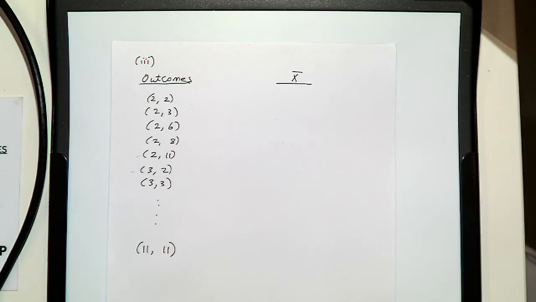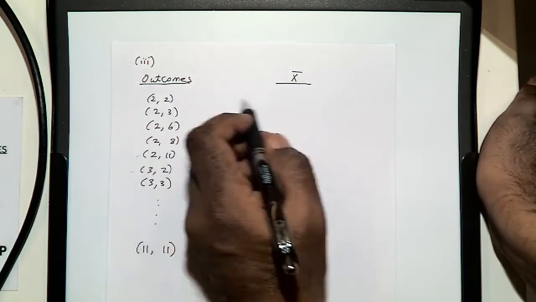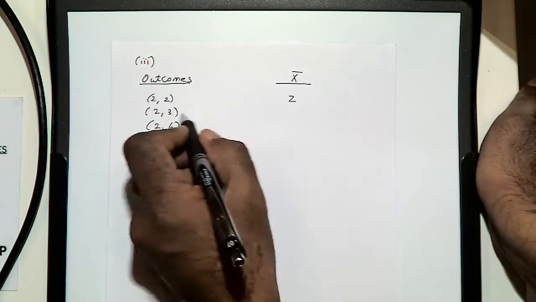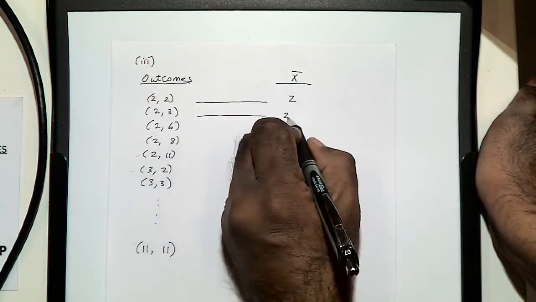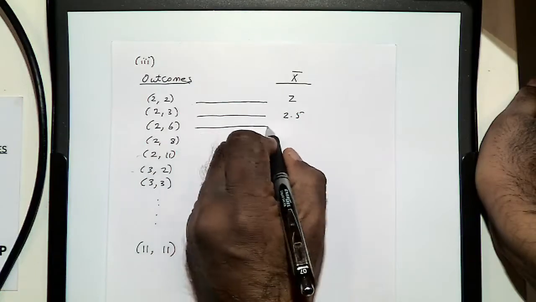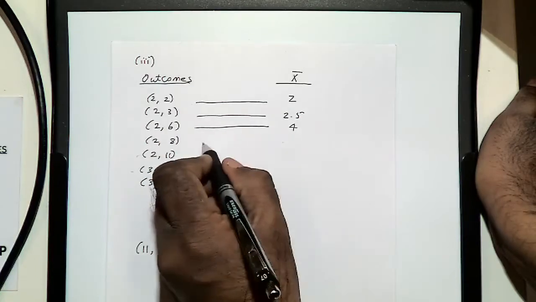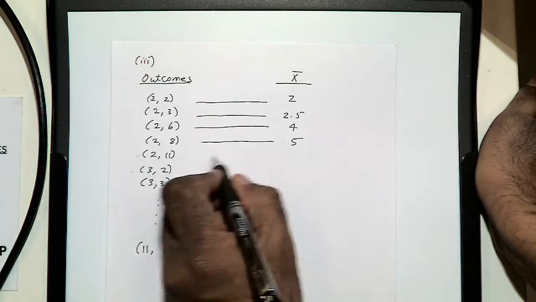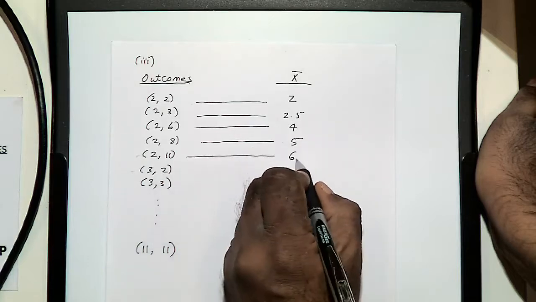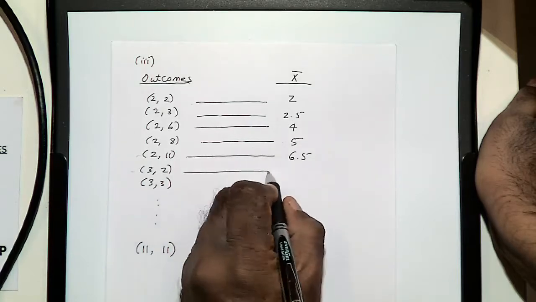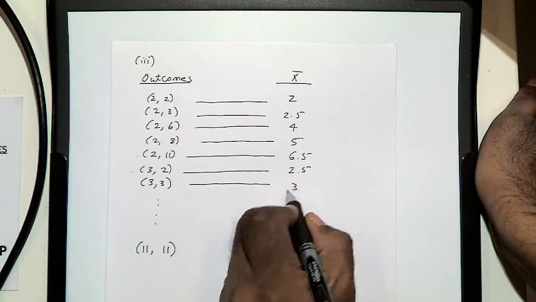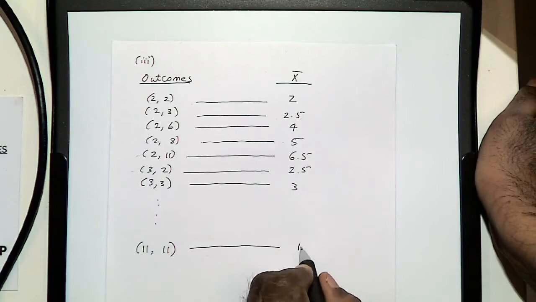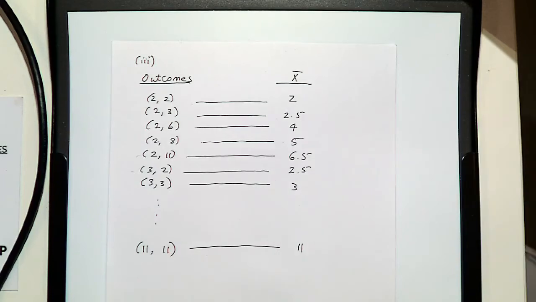And the corresponding values for x bar. X bar in this case is 2, in this case is 2.5, in this case is 4, in this case is 5, in this case is 6.5, in this case is 2.5, this case is 3, and in this case is 11. You follow me?